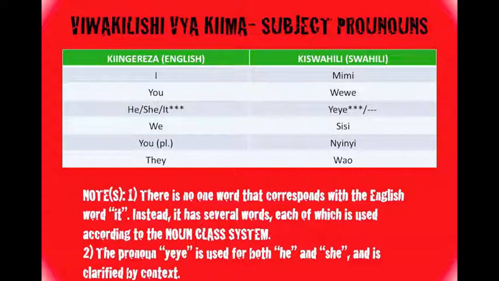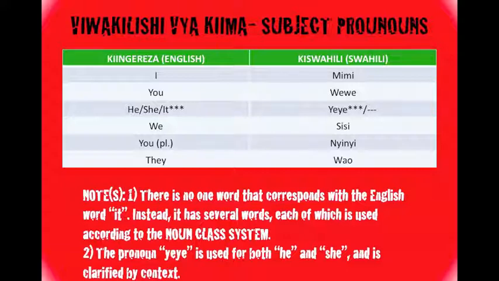We have sisi, which is we. We have nyinyi, which is you, plural, or y'all, you all. And then we have wao, which is they. So as you guys can see in the notes, there is no one word that corresponds with the English word it. We'll be getting to that in a later lesson, but just know that there is no Swahili equivalent to the word it.